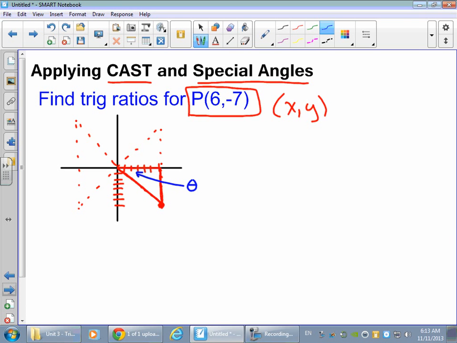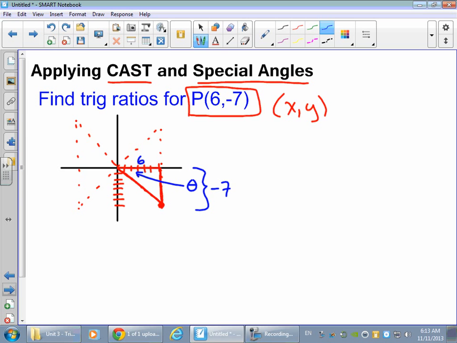My two sides then, or the numbers that I know, I have a 6 and a negative 7. A 6 in the X direction means that I've gone 6 this direction. Negative 7 means that this length is 7, but the actual location is down 7 or negative 7 from the axis.